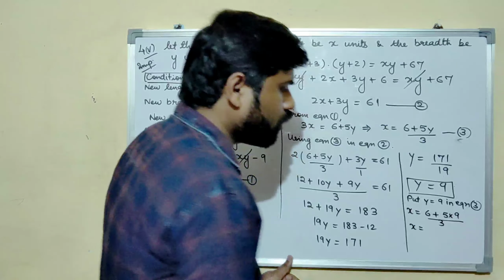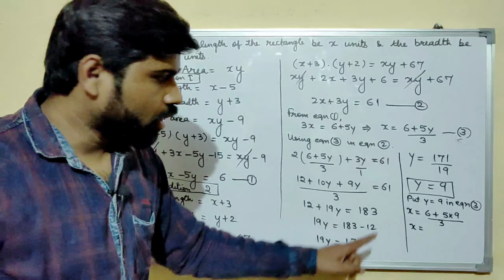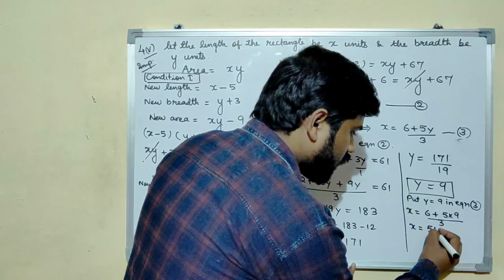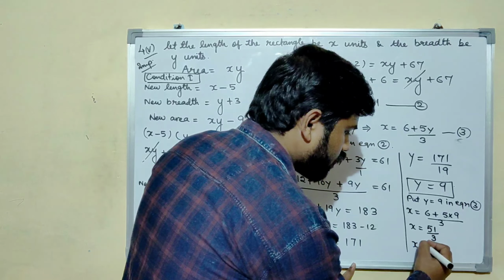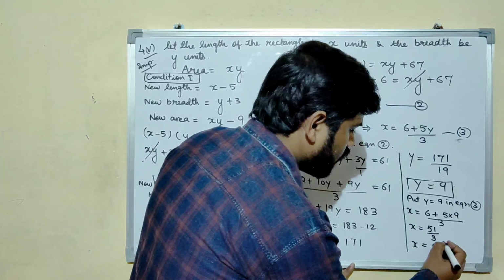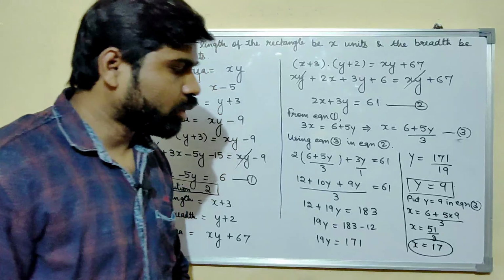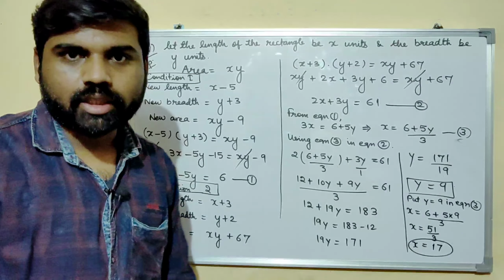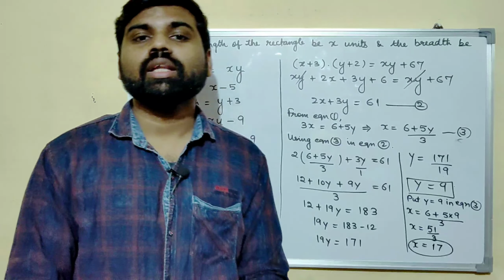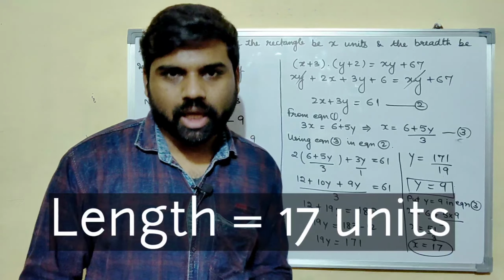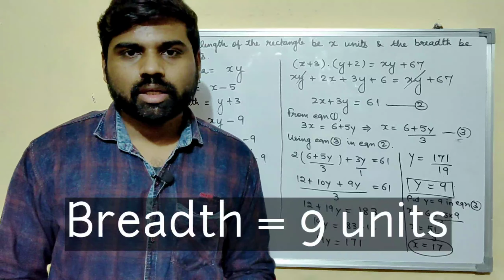So x will be equal to 6 plus 5 nines are 45, 45 plus 6 is 51 upon 3. x will be equal to 3 ones are 3, then 17. That means the value of x is 17 and the value of y is 9. Or you can say that the length is 17 units and the breadth is 9 units.